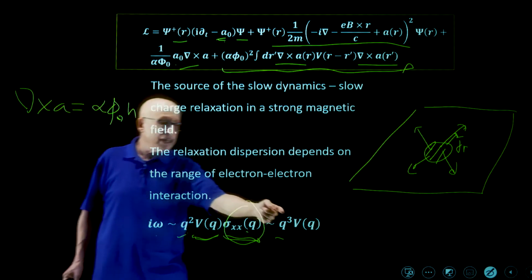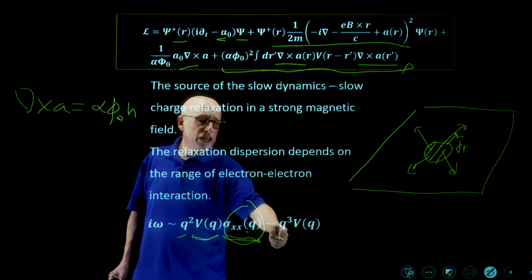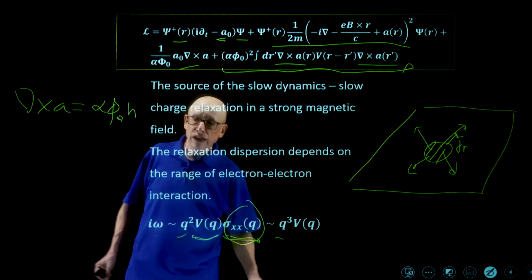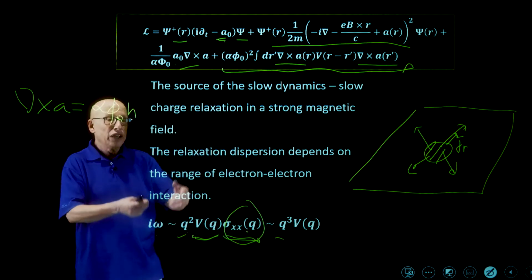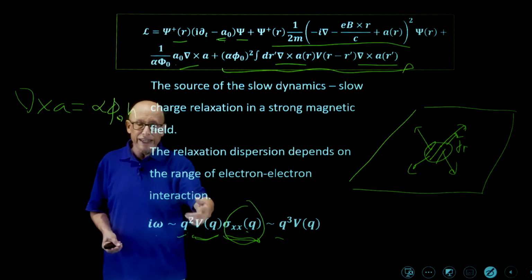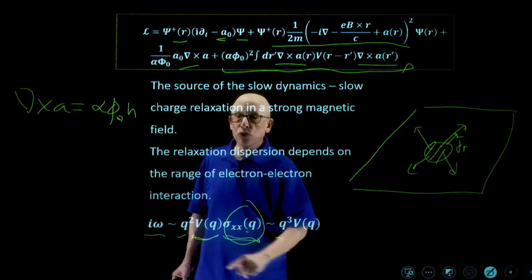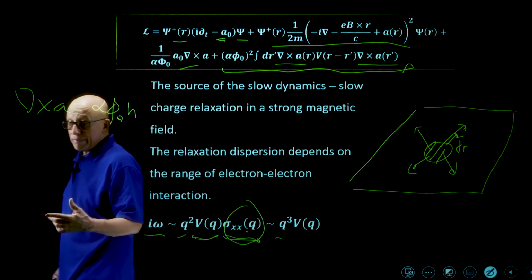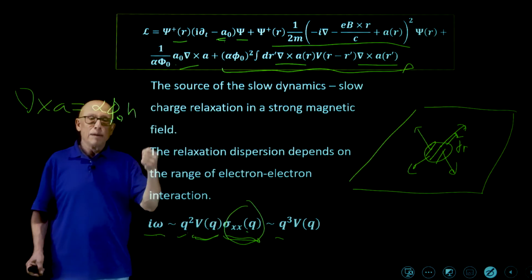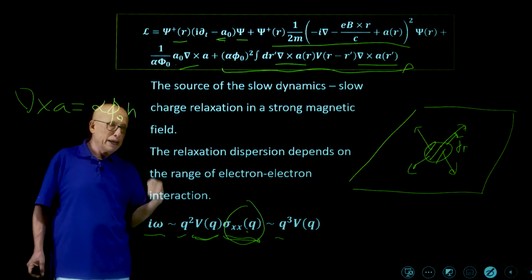So for Coulomb interaction, you'll get a Q squared here. For screened Coulomb interaction, you'll get even Q cubed. In any case, the relaxation dispersion, i omega, goes like Q to some high power. And that is a manifestation of slow dynamics.